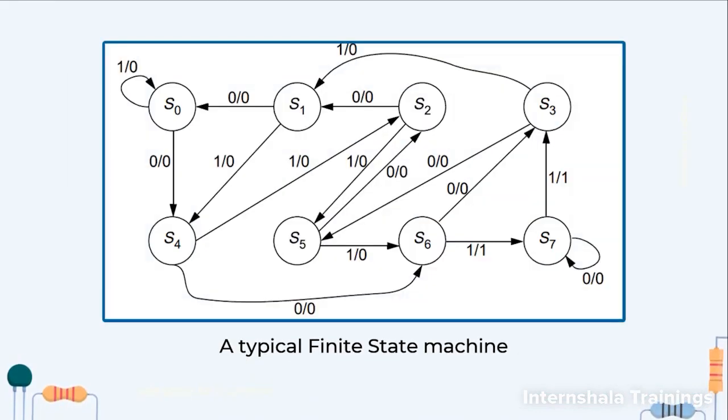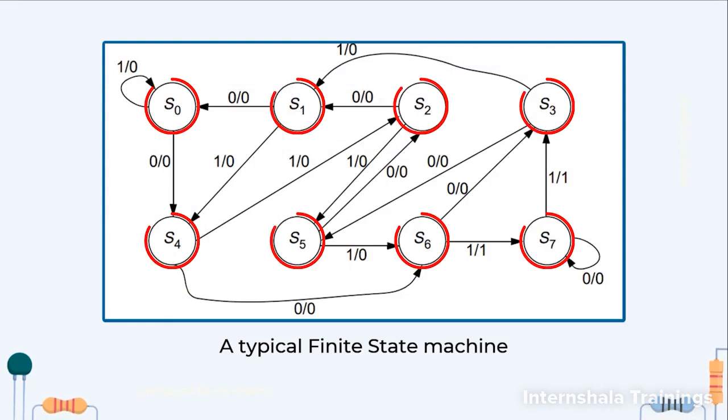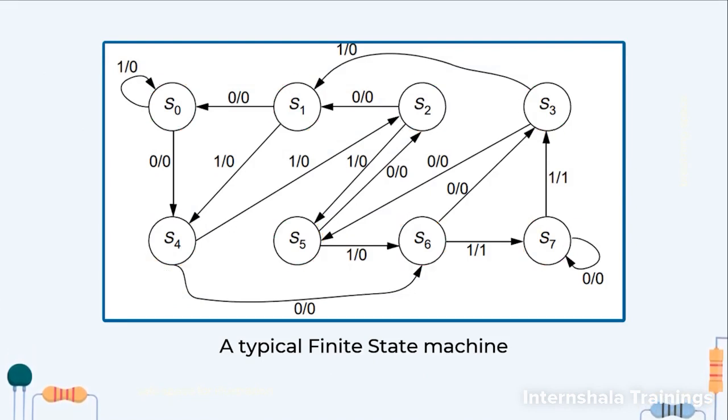Now, what we have in front of us is a typical finite state machine. Here you can see S0, S1, S2, S3 till S7. There are 8 states. Some arrows are going out of the states, some are coming into the states. There are some numbers written on these arrows. What are all these things?